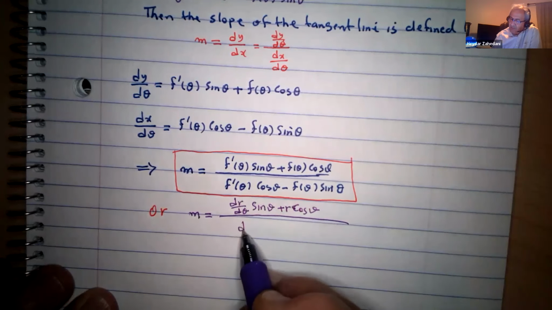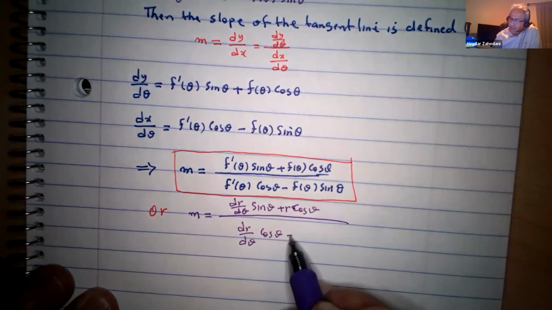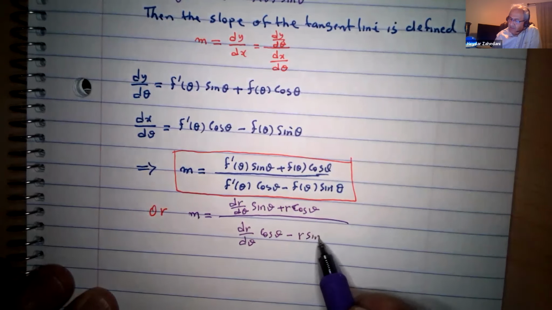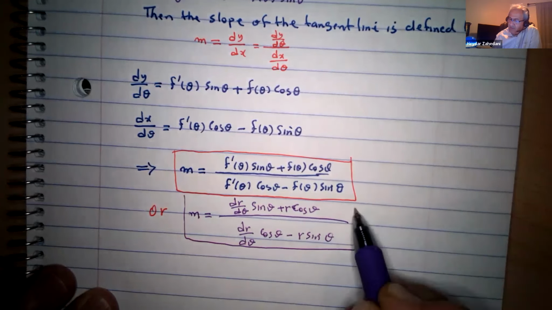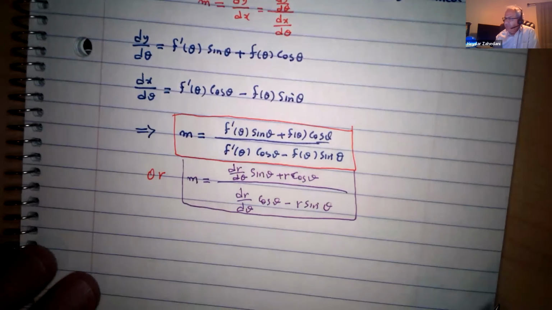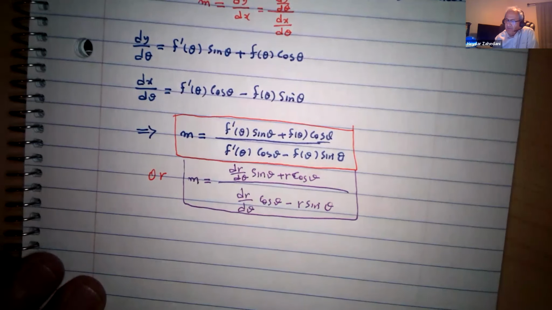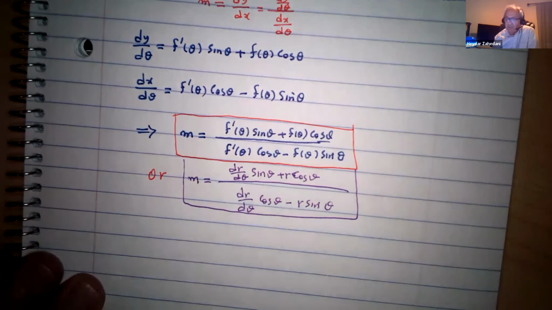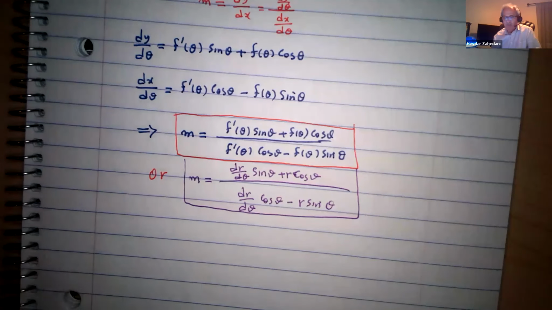And the bottom one is dr/dθ times cosine of theta minus r sine of theta. You can substitute anytime you like. You can bring all these formulas to your test and use them. You don't have to, but it's not bad if you can memorize it.